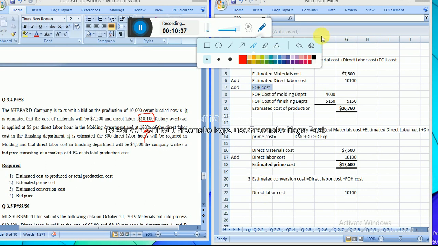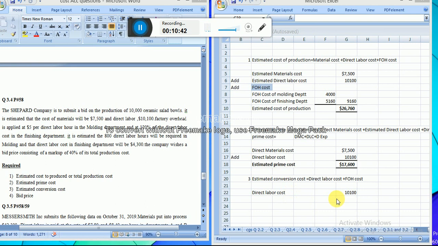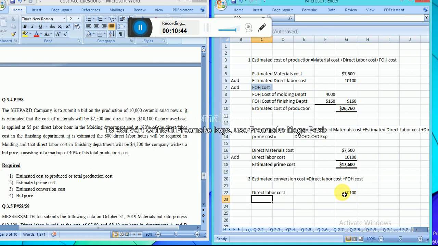Okay, so now look. Direct labor cost is $10,100. With direct labor cost we will add factory overhead cost, FOH cost.